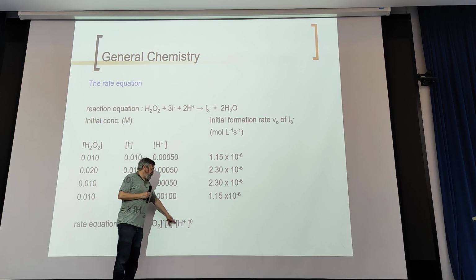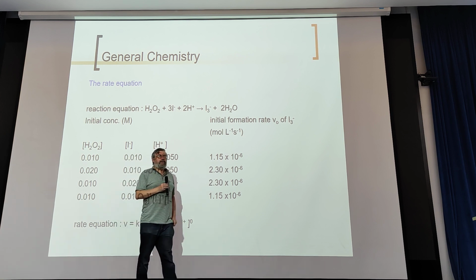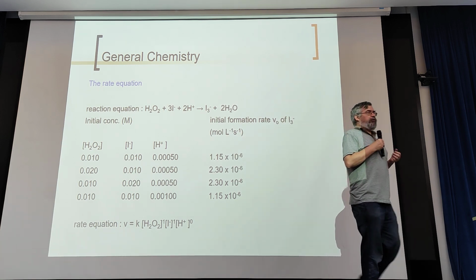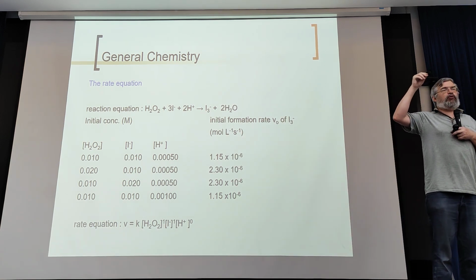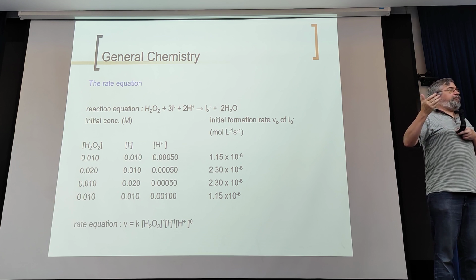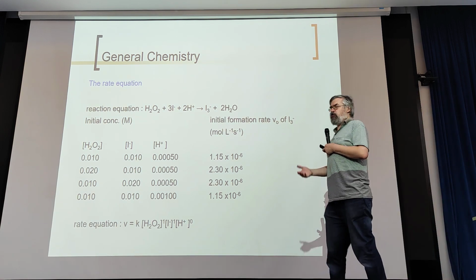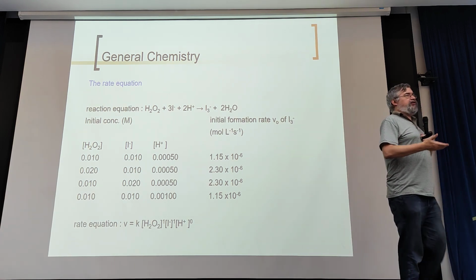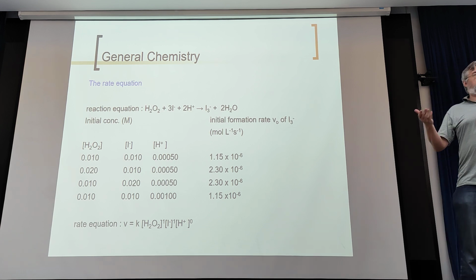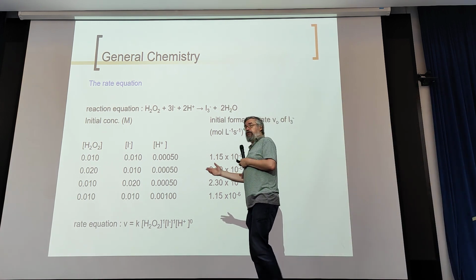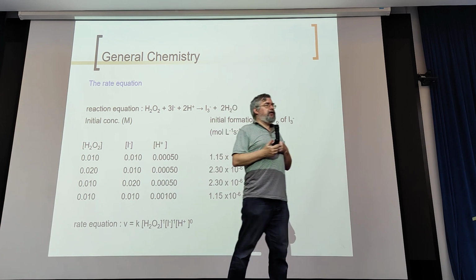And the power is 0 for the H+ concentration. This means it's independent of the H+ concentration, because anything you put to the power 0 is 1. So this term goes away. From this rate equation we can see that we have a rate which is dependent only on hydrogen peroxide and the iodides.